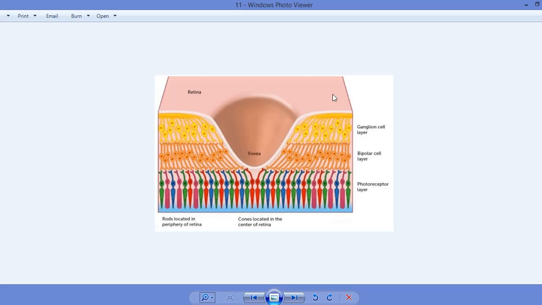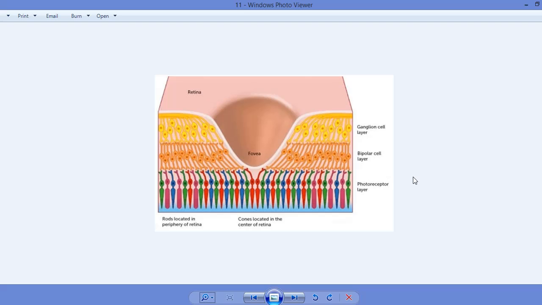That will not go through the ganglion cell and then the bipolar cell, and then eventually to the rods and cones. Those two layers are directed laterally, and these cone cells are exposed directly to the image. That's why you can see very sharply with the help of your fovea.